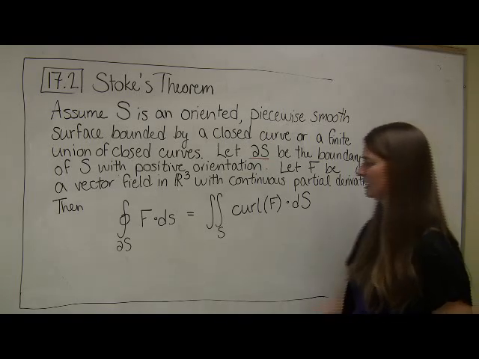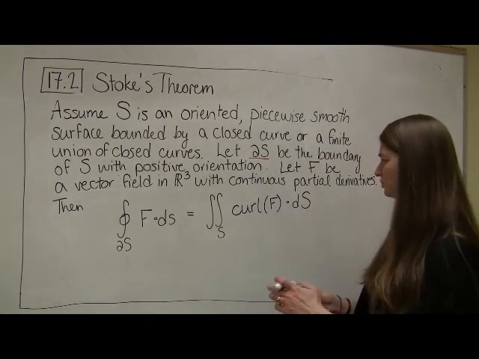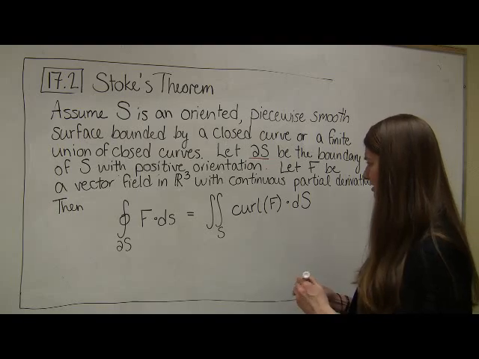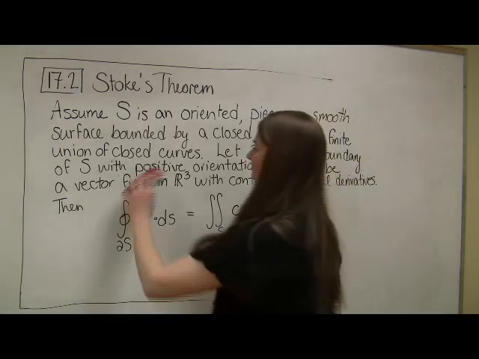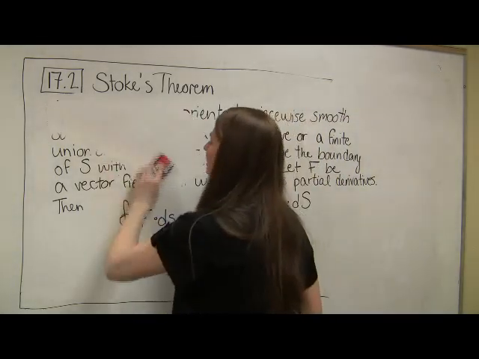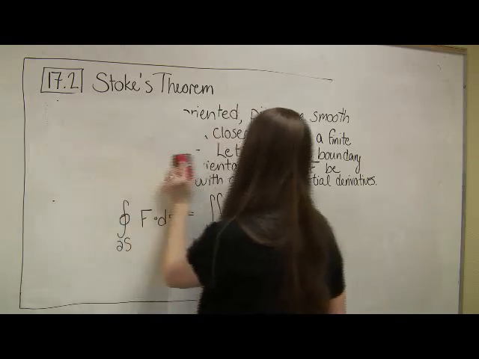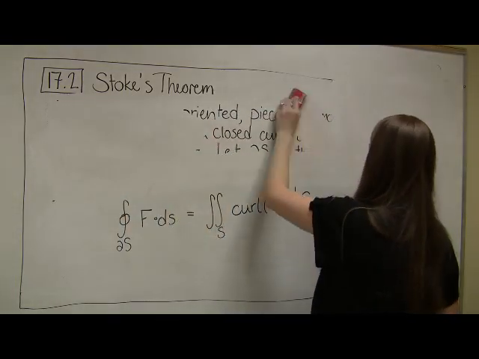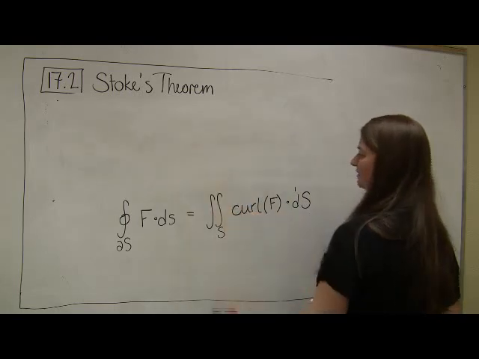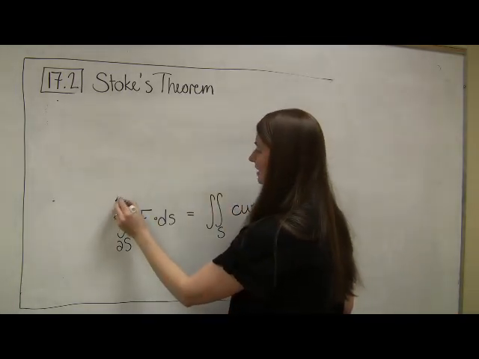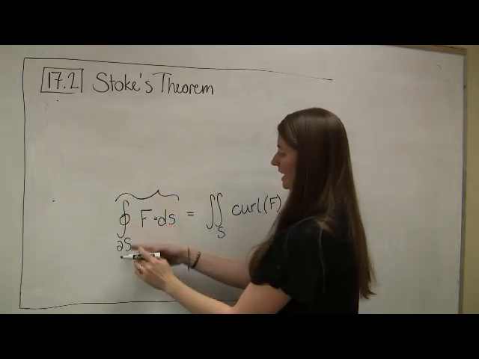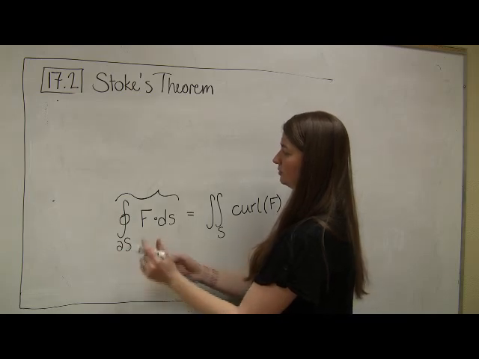There are a couple of things that I want to point out. One is, let's write out in longhand what each of these pieces actually mean. I'm going to erase all this top stuff. So this left-hand side is a single integral, and it's over this boundary, which is a line.